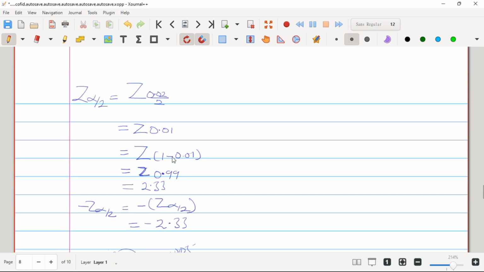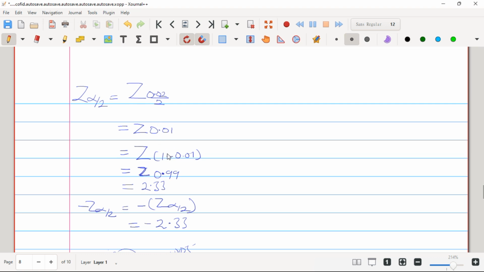In our first example, I told you that since it is scaled to the left, we are not going to subtract our alpha from 1. But here our z is positive.